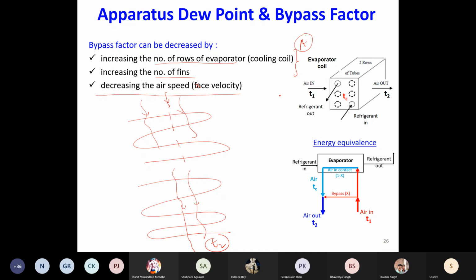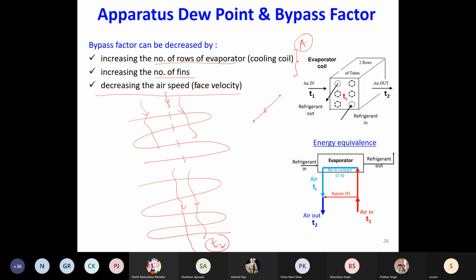So if you remember, we have been discussing the external regime. Then the external regime, the slope, the temperature change on the external regime side, that is air in this case, it will be higher, assuming the same amount of heat transfer.